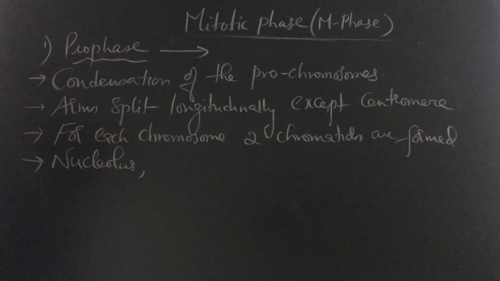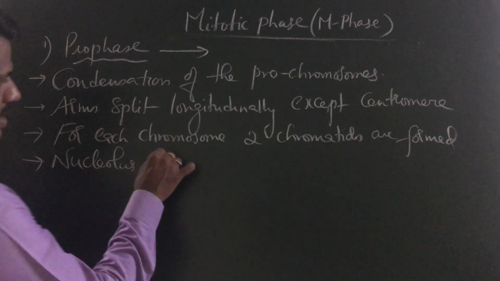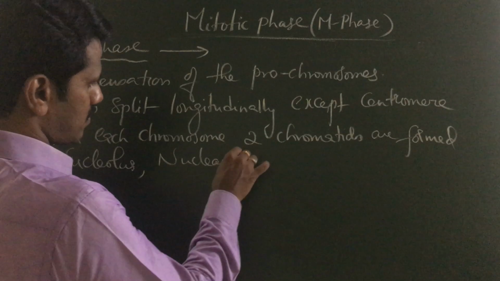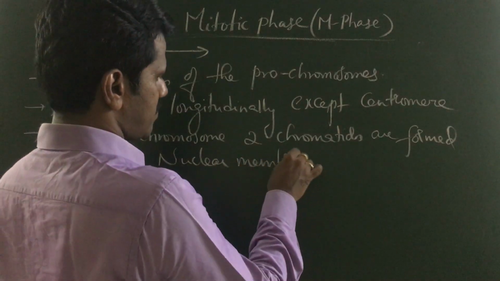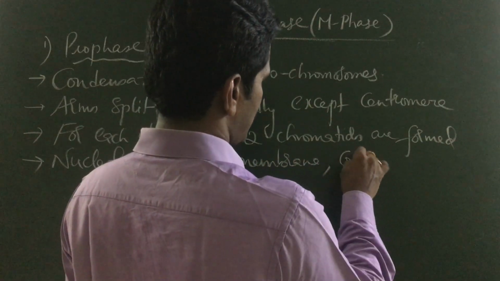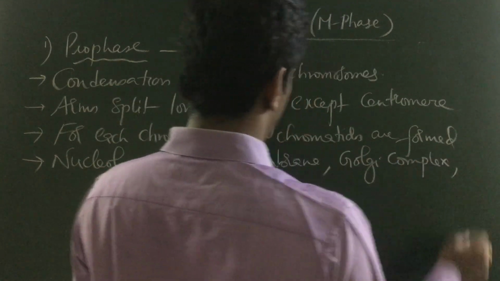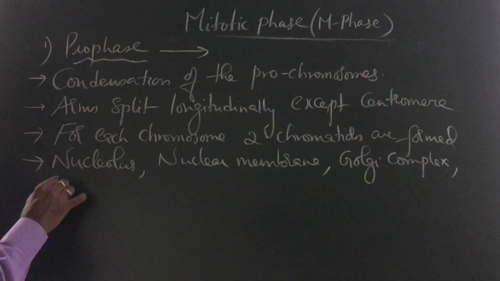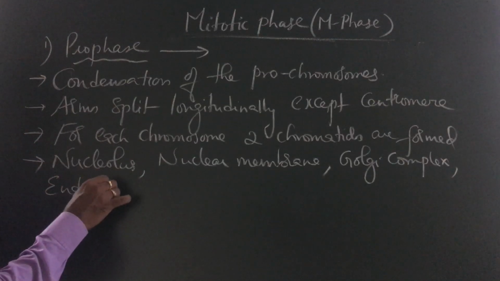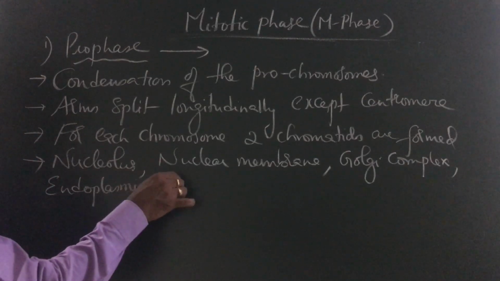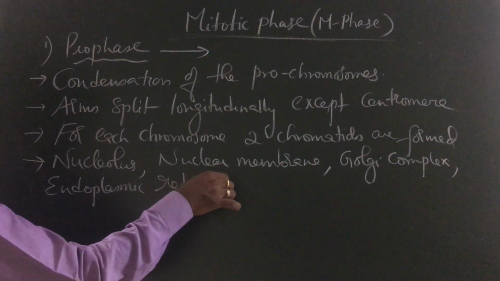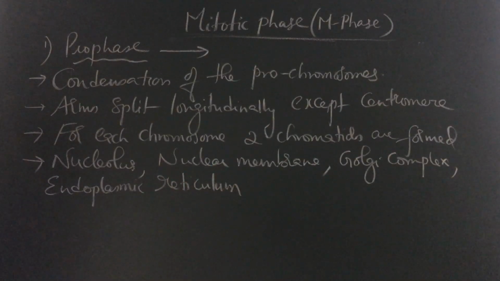So the nucleolus, nuclear membrane, Golgi complex, and endoplasmic reticulum disappear.